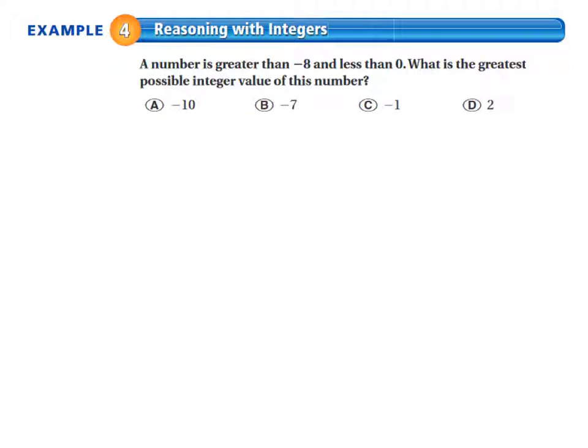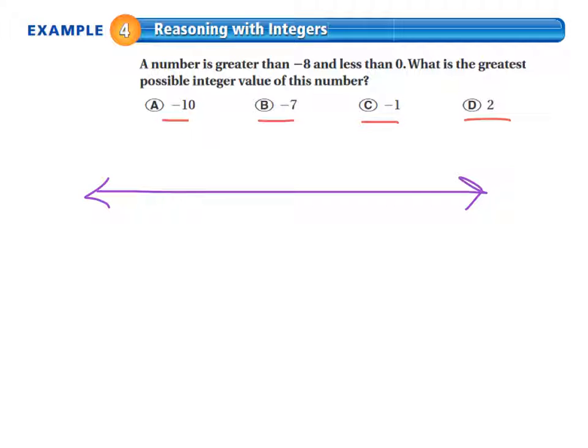Example 4. A number is greater than negative 8 and less than 0. What is the greatest possible integer value of this number? And it's giving us some choices. So it could be negative 10, negative 7, negative 1, or 2. So let's go to a number line.